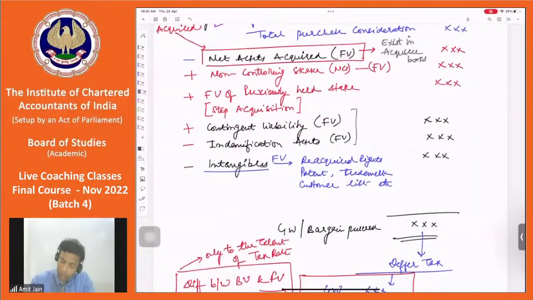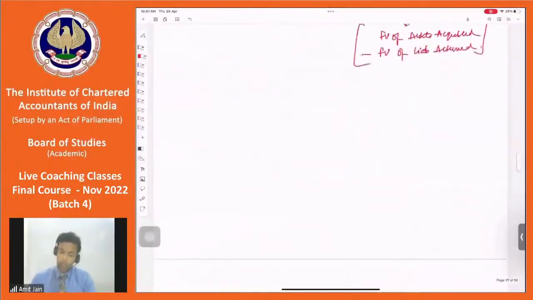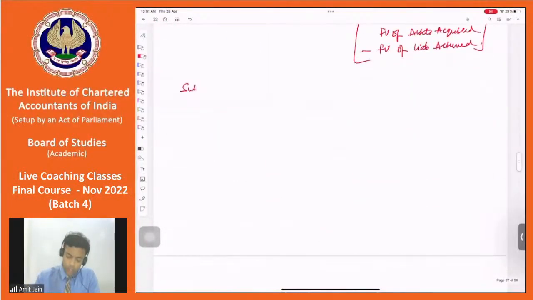Here we are talking about does not exist in acquiree's books. Are we clear now? Subsequent accounting will be proportionate accounting going forward.